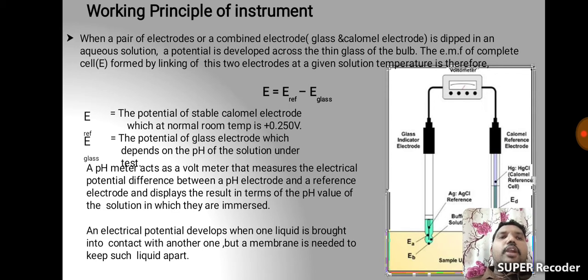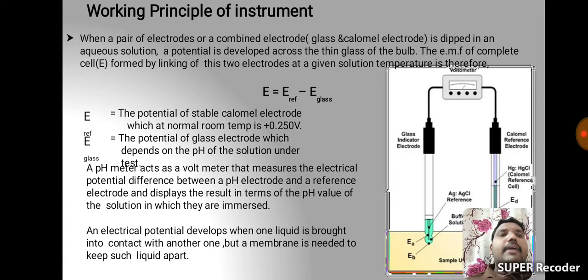Working principle of instrument. When a pair of electrodes or a combined electrode, that is glass electrode and calomel electrode, is dipped in an aqueous solution, a potential is developed across the thin glass of the bulb.